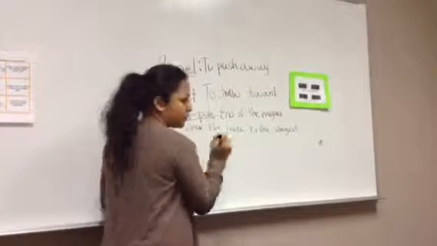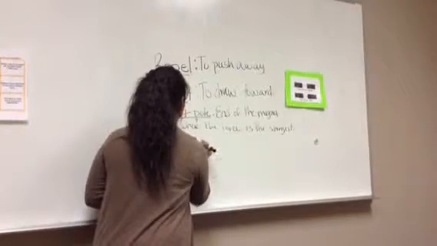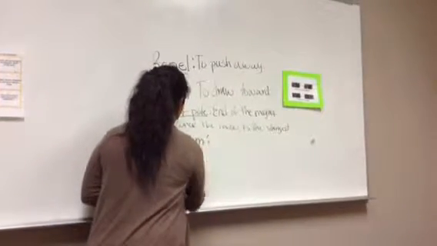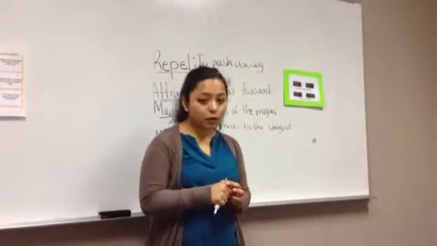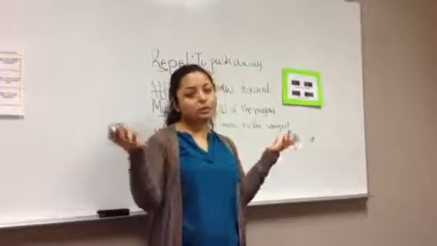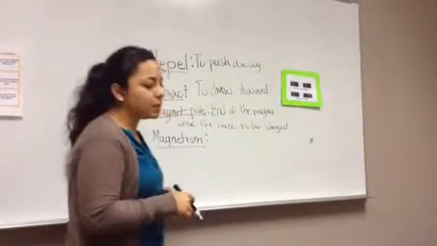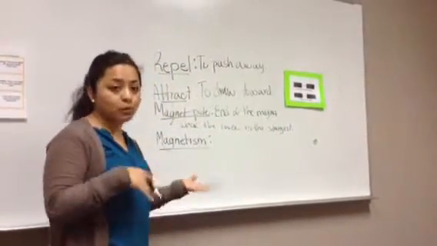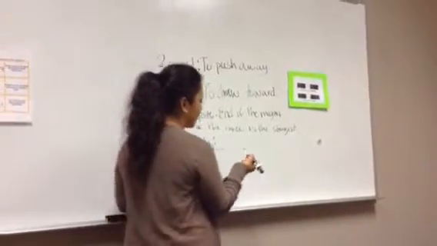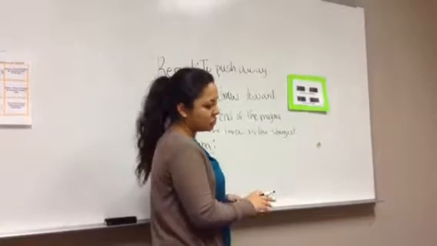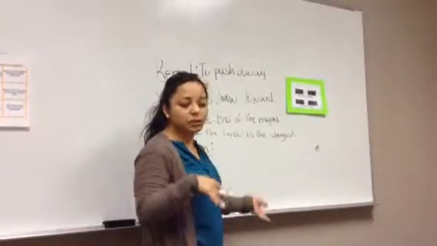Magnetism, and everybody should know how to spell magnetism. Magnetism is the force of the repulsion, which is pushing, or attraction between poles of the magnets, which is the push and the pull.